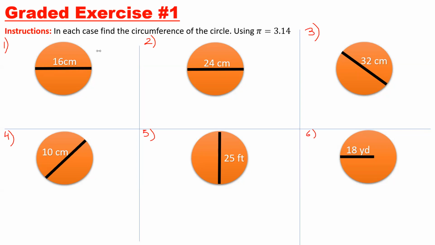Number 6. And you understand what to do? Yes. How about Angel? Angel, are you there? Yes, sir. What number are you on? Number 3. Okay.